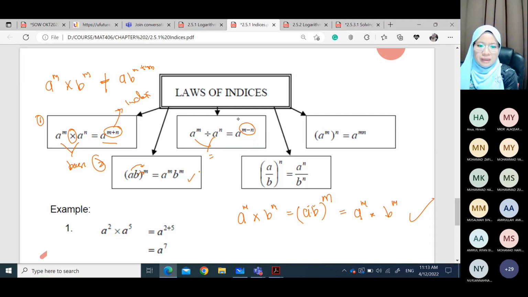Okay, faham? Tapi kita tolak ikut turutan lah. Kalau depan ni A power of M, yang sebelah ni A power of N, so M minus N. Contoh lain, katakan kita ada B power of N divided by B to the power of P.